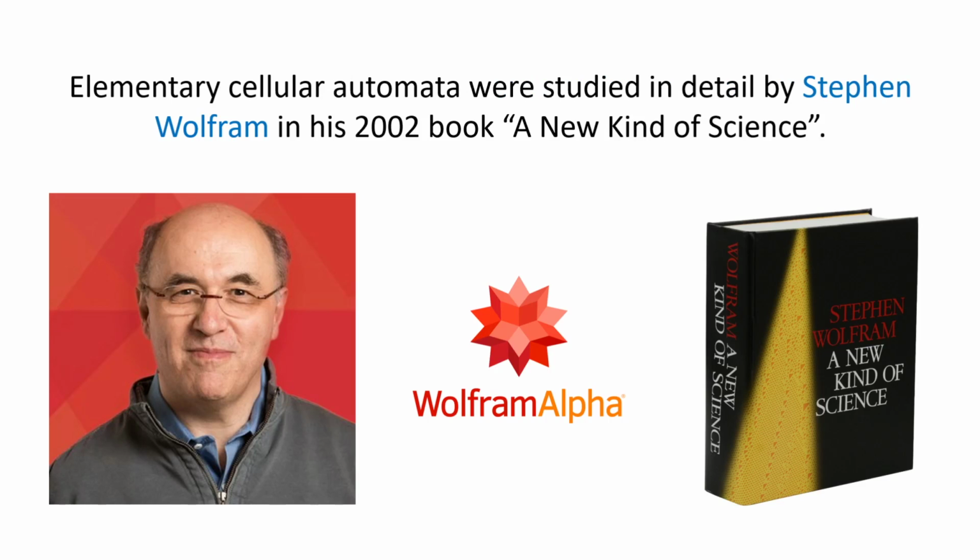These cellular automata, the elementary kind, were first studied in detail. I don't think they were necessarily first introduced, but definitely this variant was first studied in detail and introduced by Stephen Wolfram in his 2002 book, A New Kind of Science, which you see here. He also studied them earlier.